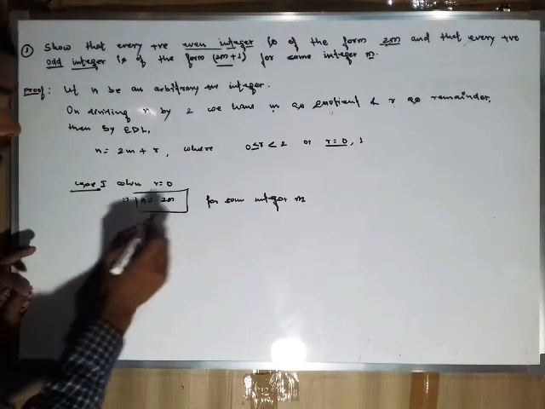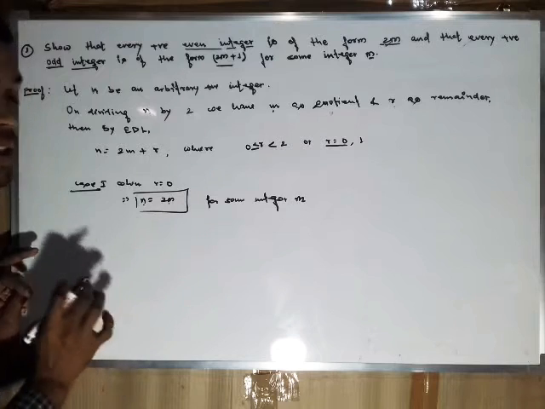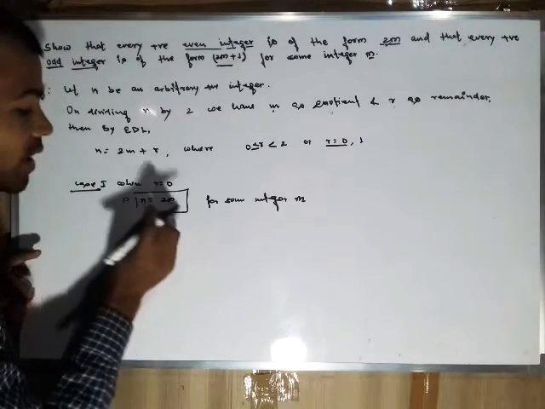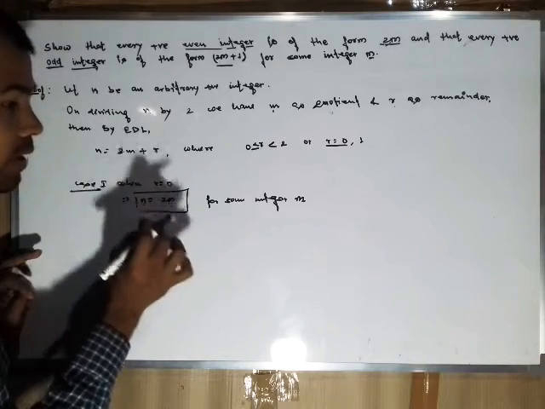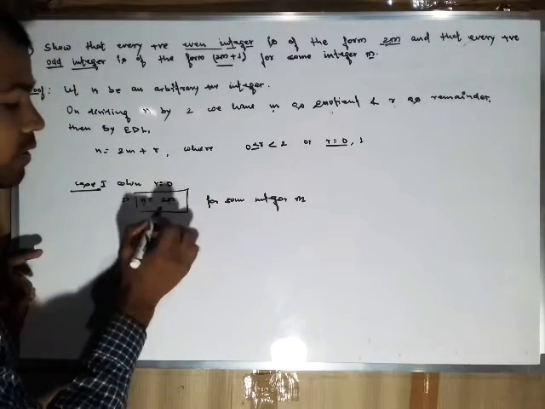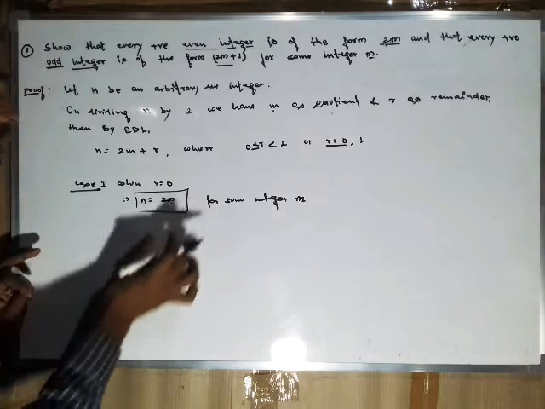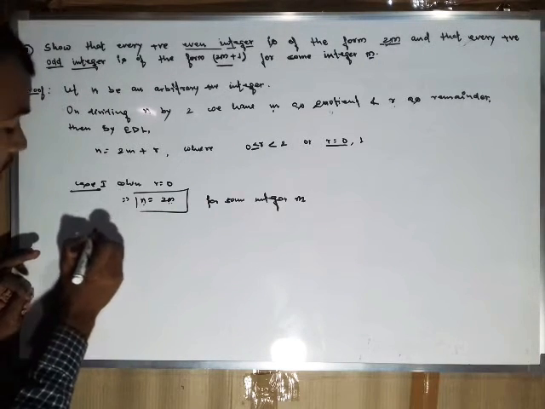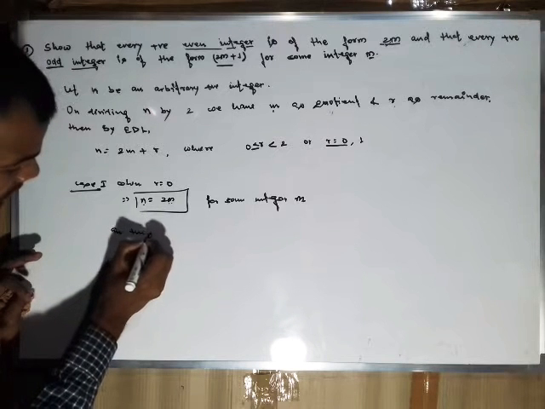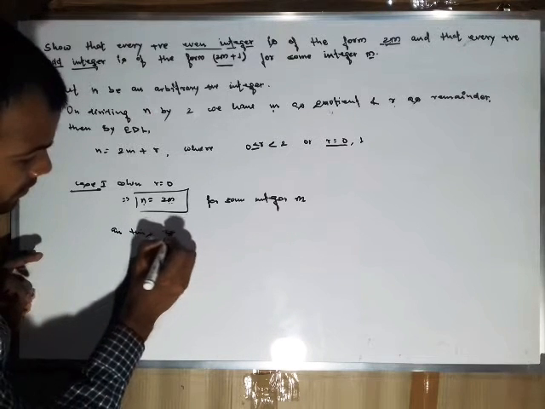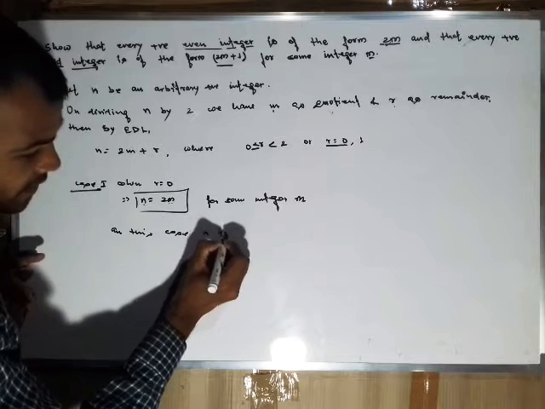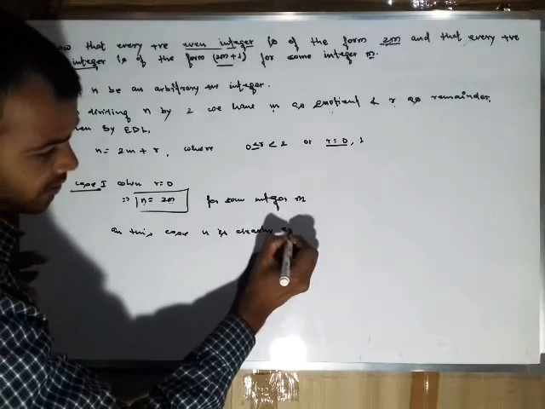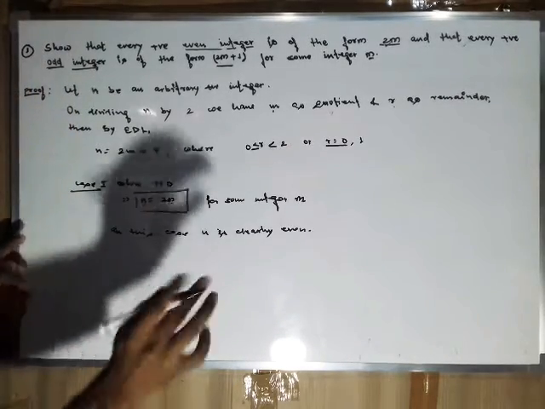In this case, n is clearly even, because if you put 1, 2, 3, 4, 5, 6 and so on in place of m, we get multiples of 2. Means in this case n is clearly even. Is there any problem?